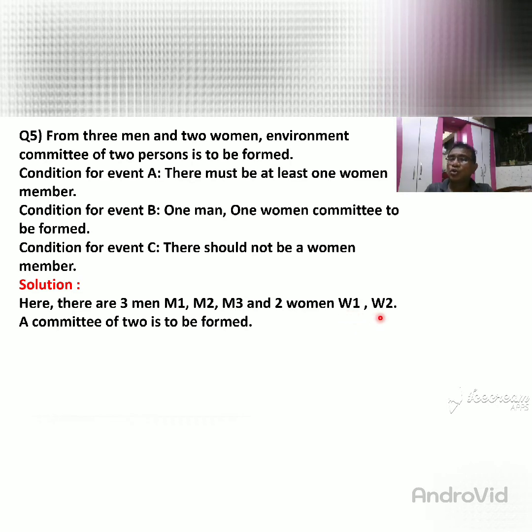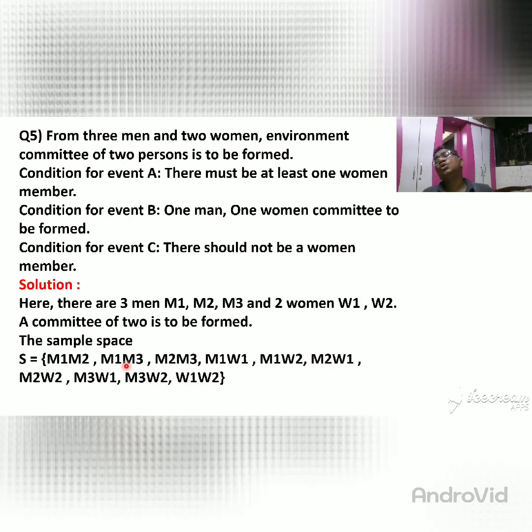When M1 is completed with making friendship with each and every member, we go towards M2. Then M2 makes friendship with M1, M3, then with W1, W2. Then next M3. So how can we write this in the sample space?